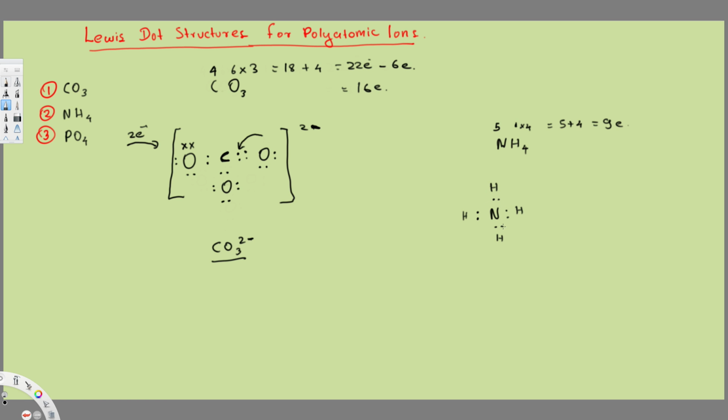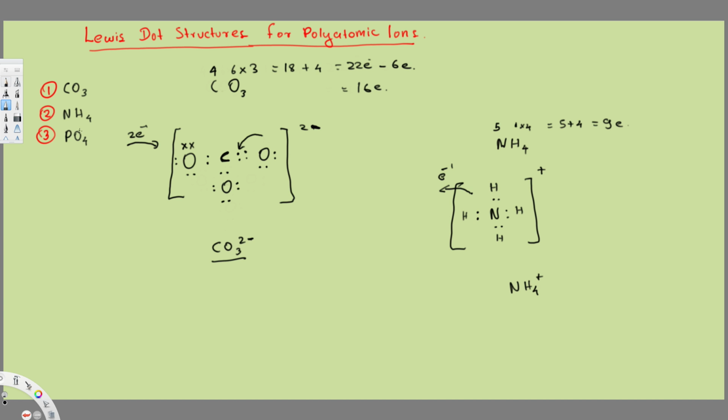It already has 8 right here. So 1 is extra. So this one would have to be shared with some other atom, right? So we are going to eliminate one of the electrons. If you remove one electron, that's going to make it plus. So that's why we write NH4 plus, right?